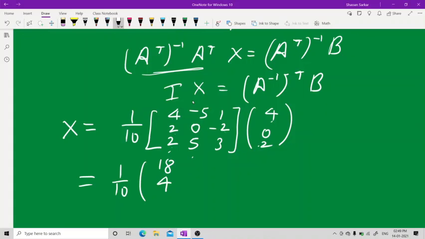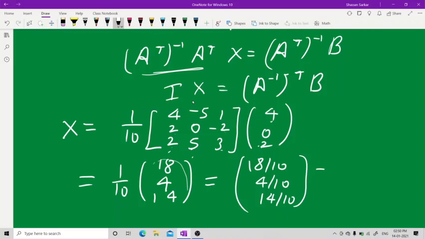And then 2 fours are 8, 5 into 0 is 0, 3 twos are 6. 8 plus 6 is 14. Now I multiply the whole thing inside this by 1 by 10. So this becomes 18 by 10, 4 by 10, and 14 by 10. So this becomes 9 by 5, this becomes 2 by 5, and this becomes 7 by 5.